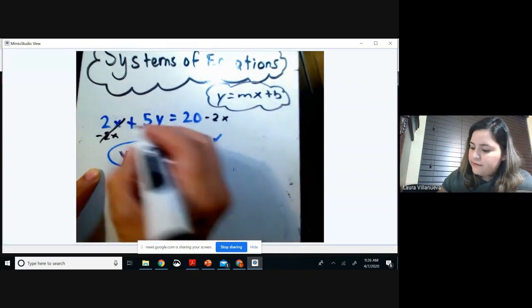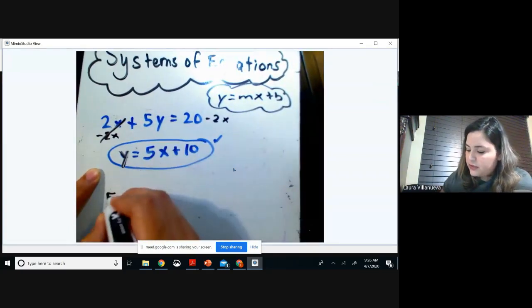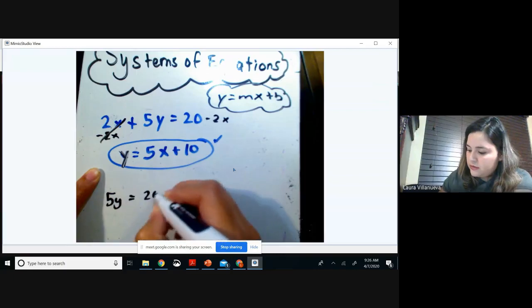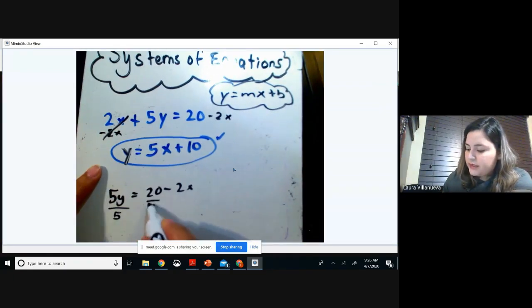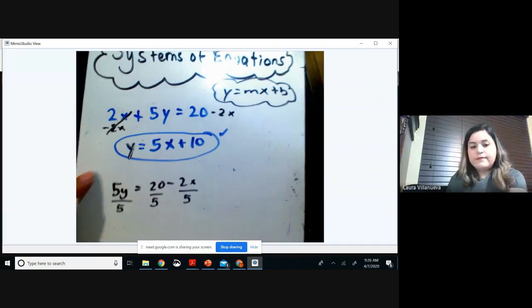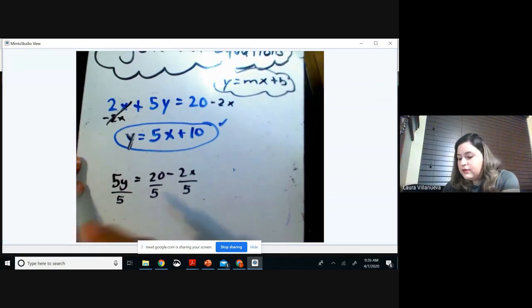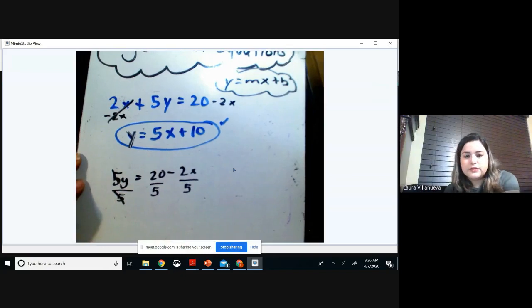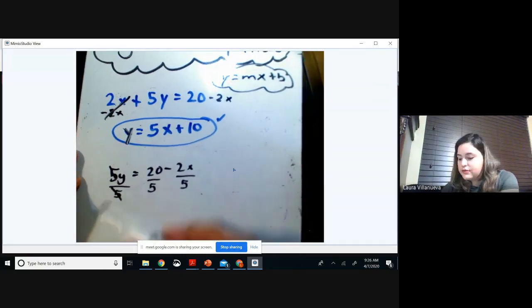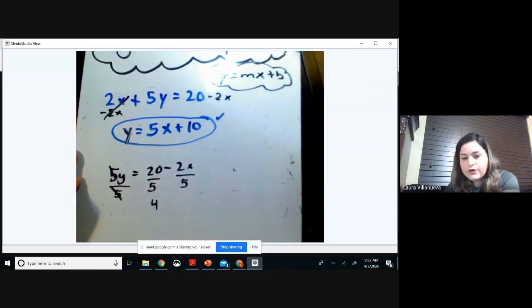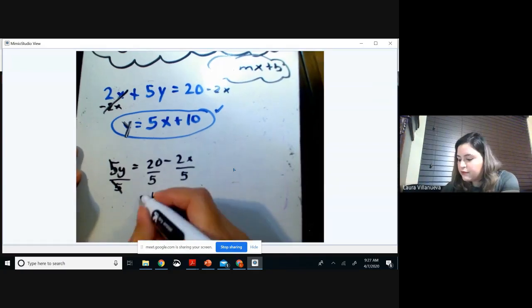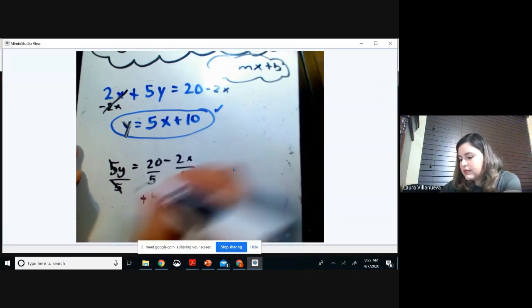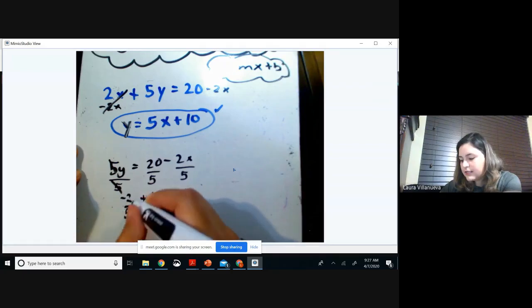So now I have 5y. I'm going to put it over here. And then divide by 5, divide by 5, divide by 5. Okay, you're going to cancel those 5s. 20 divided by 5 is 4. I'm going to put plus 4. And this is negative 2 over 5x.